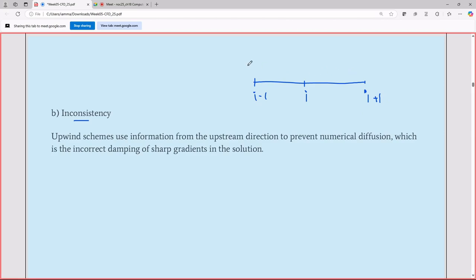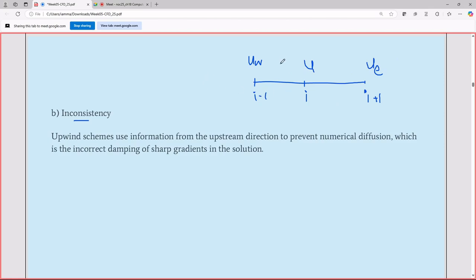So in upwind scheme, suppose uW is the velocity here, uE is the velocity here, uP is this velocity. So when using upwind scheme, uW will be taken in place of uP while calculating the gradients.